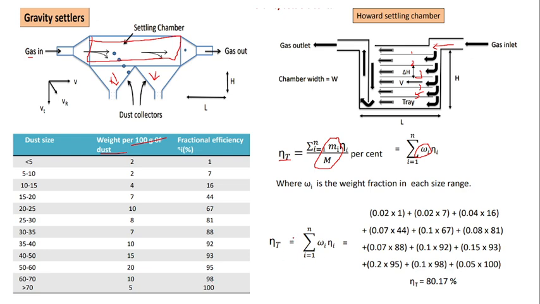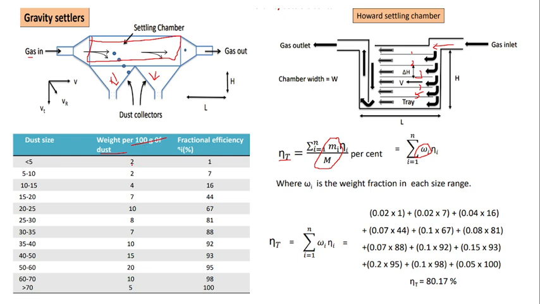So to calculate the total efficiency of this gravity settler, you first calculate the weight fraction and multiply it with the individual fractional efficiency. How to calculate this weight fraction? The weight is given for the whole 100 gram of dust.